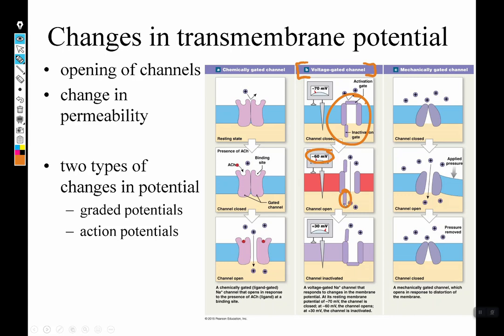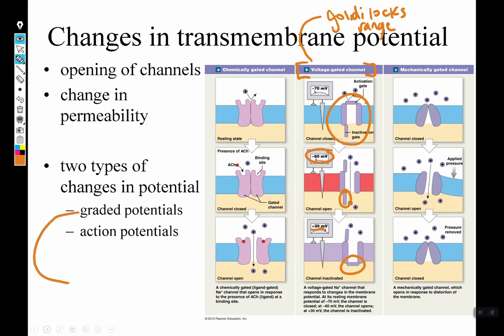It's also going to be open at -60, but the moment we get up to +30, that sucker snaps shut. So we have what I like to call the Goldilocks range of voltages, where it's the right combo of voltages or the right range for this very, very fussy particular little channel to be open. And at any other voltages, it is not open.